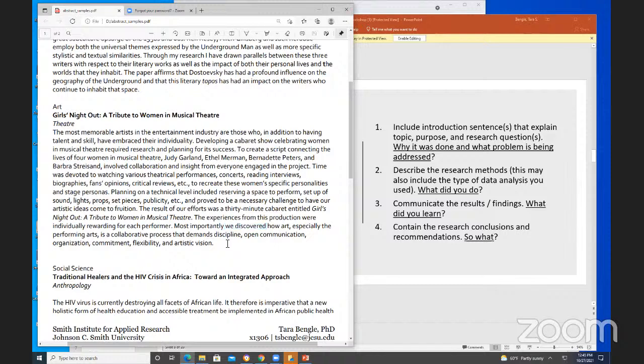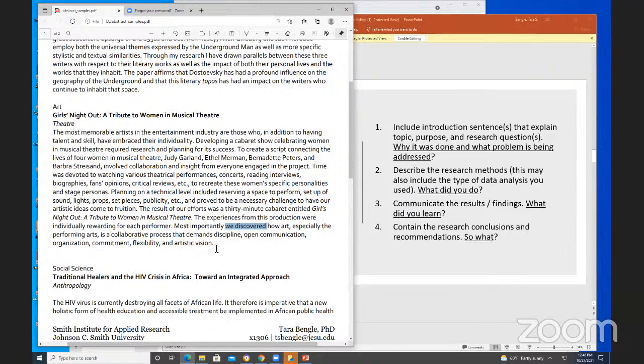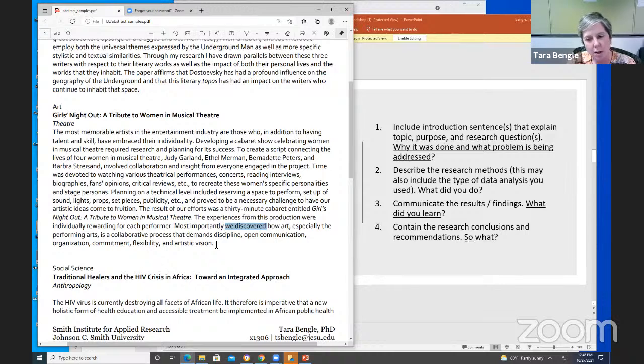Yes. Mm-hmm. That's why that particular wording stuck out to me. That's why I chose that last sentence. Mm-hmm. So when we see words like we discovered, that's telling you what they did learn. So that's more of the research conclusion that they found.